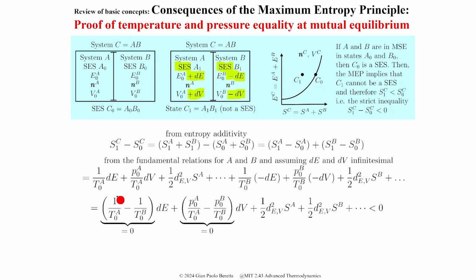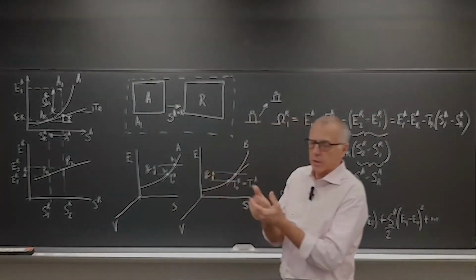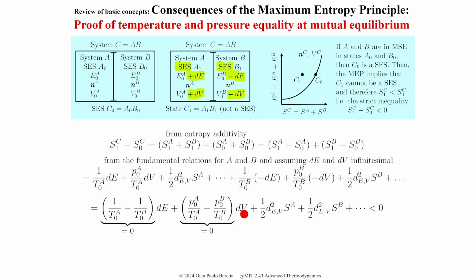So these terms in parentheses are fixed by the initial state, state 0. It's independent of how you move around to another state. So it's dependent on dE and dV.